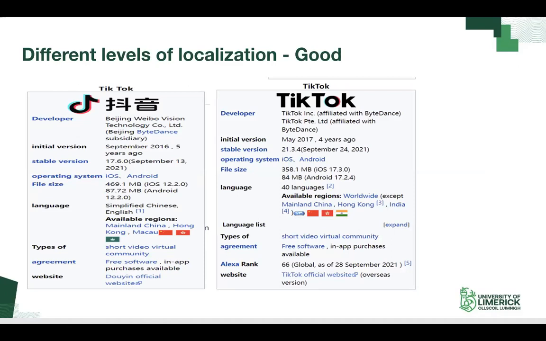I will introduce some examples. The first good example is Douyin, like TikTok. Douyin was designed only about 5 years ago, but once it was released, Douyin became the most popular app in China.